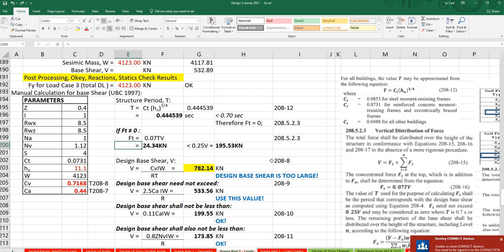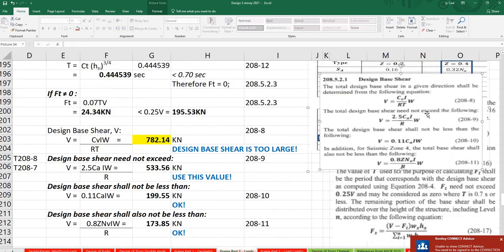And then, let's go to 208-8. This is the first equation for base shear. Ito siya. So, shear V is equal to CV times I times W all over RT.